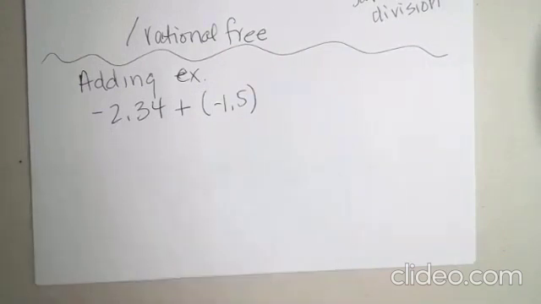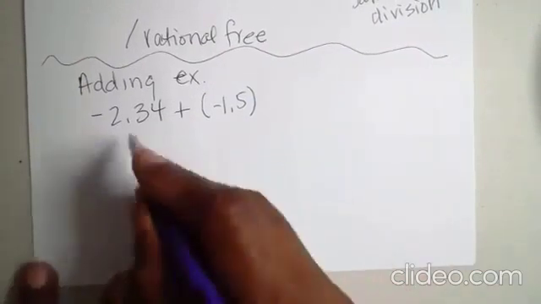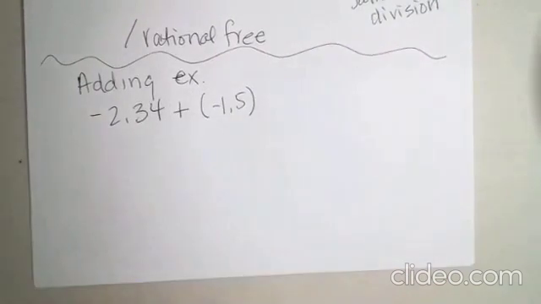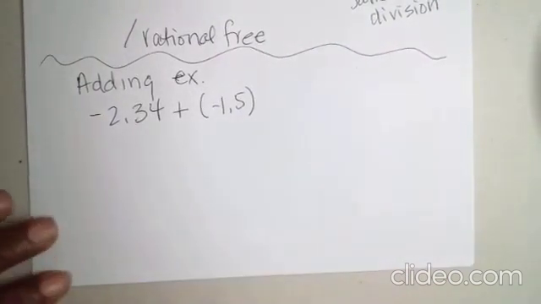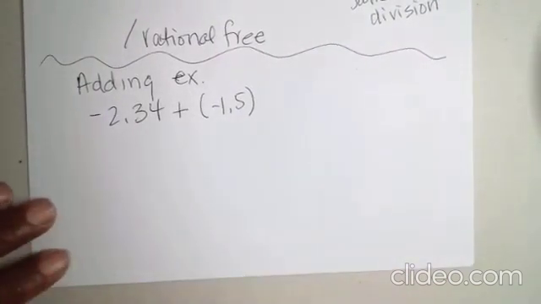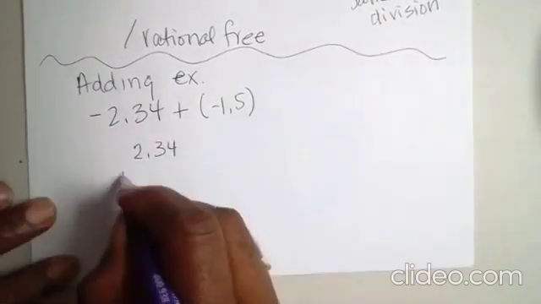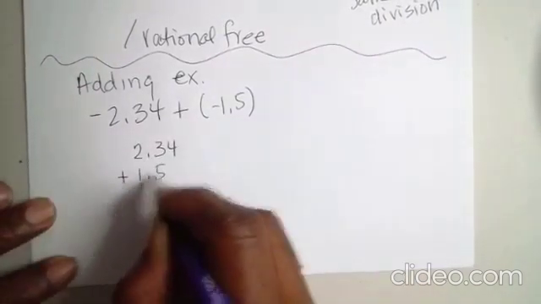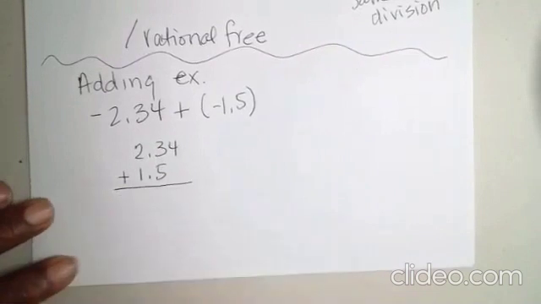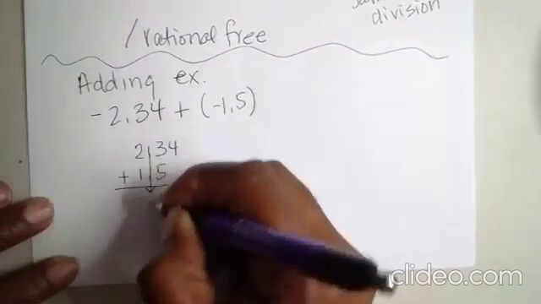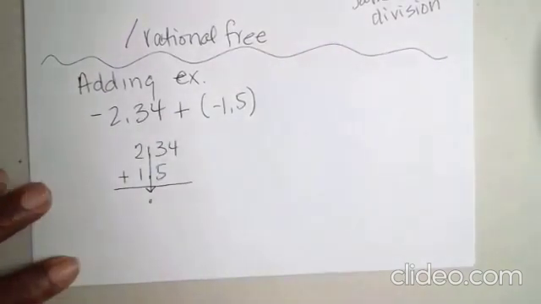Our rule says that we add them and keep the sign. Remember, when you're working with decimals, you have to line up the decimal points in order to do your adding and subtracting. So we've got 2.34 and we're adding that to 1.5. Notice I've got my decimals lined up. The decimal goes down into the answer.